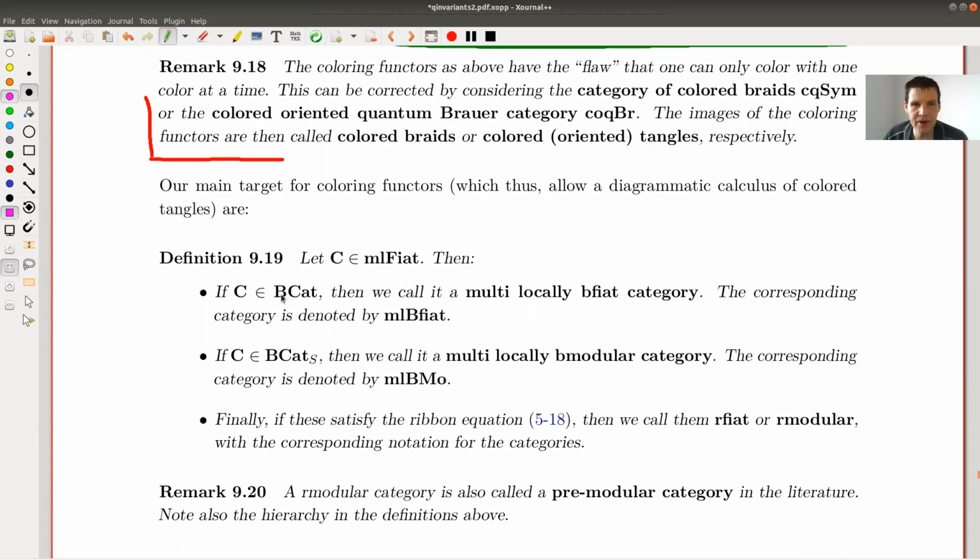So for a braided category, a fiat category which is also braided has this notation, a capital B. A semi-simple category which is also braided also has a capital B, but I call it MO at the end, because it's what people call a modular category or a pre-modular category or whatever.